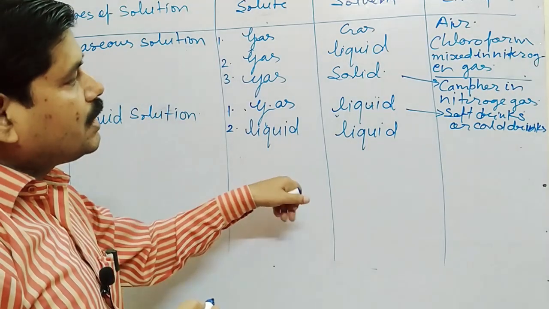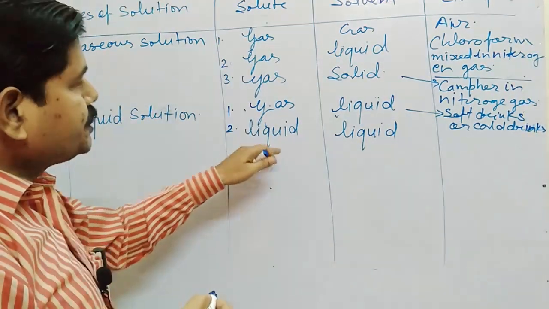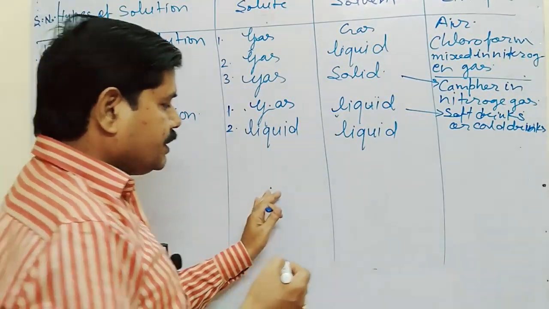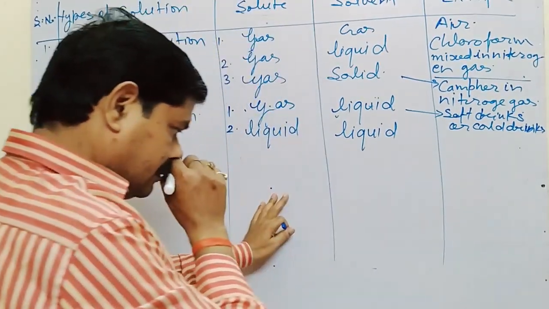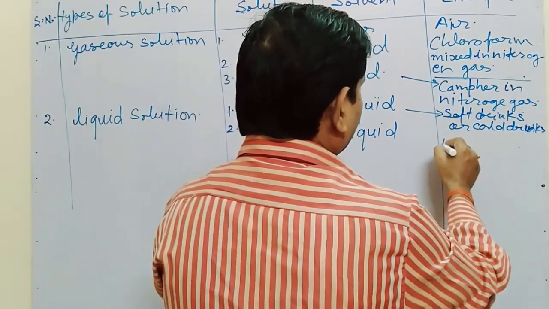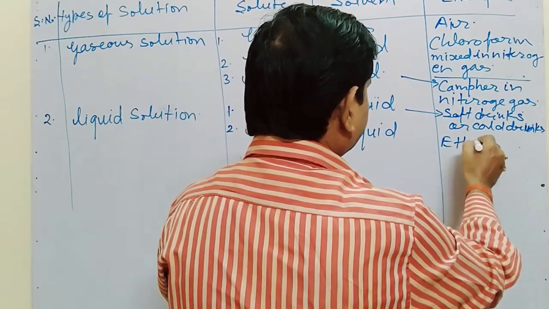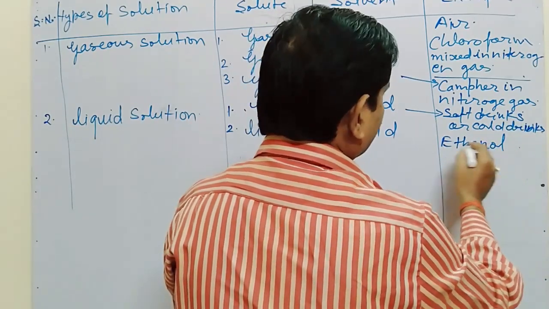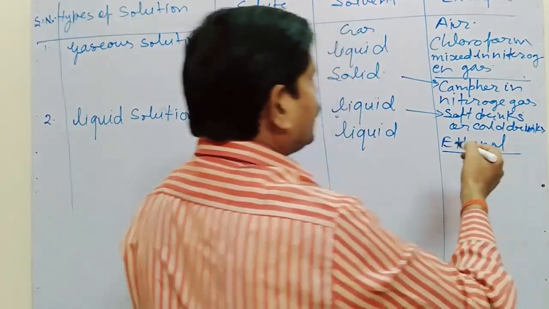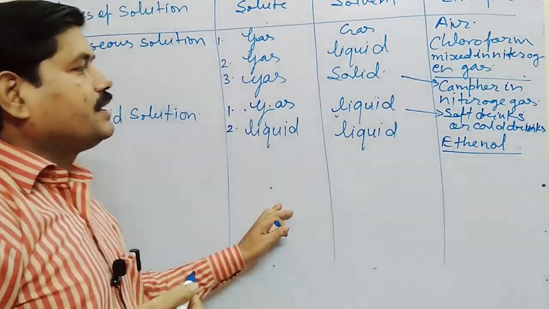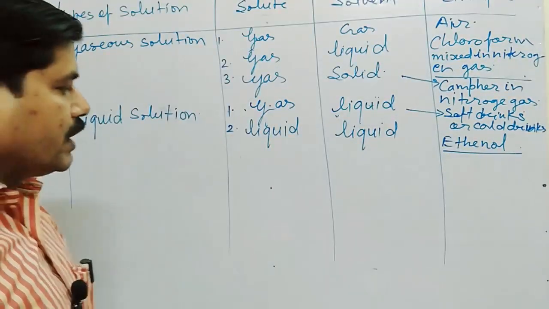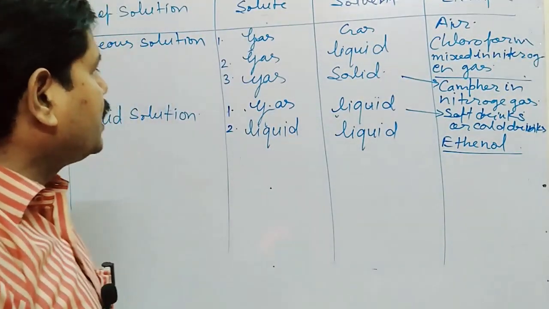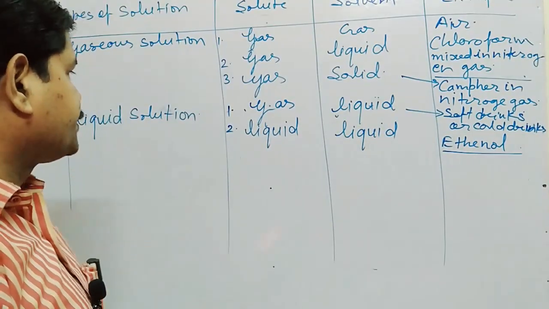Many examples are found in this type. An example is ethanol and water, both in the liquid state.